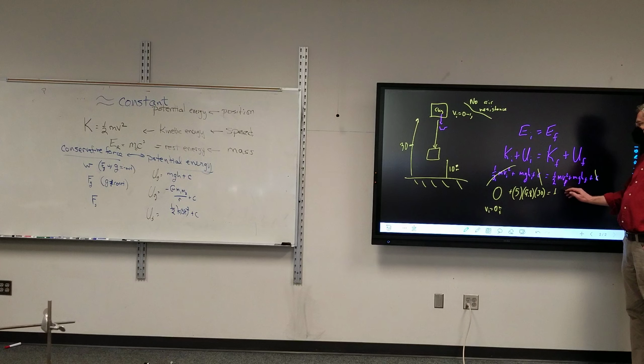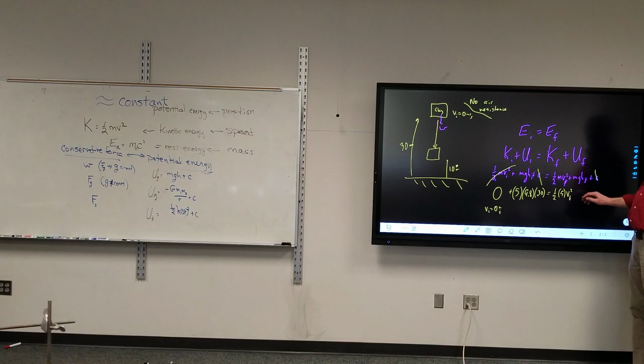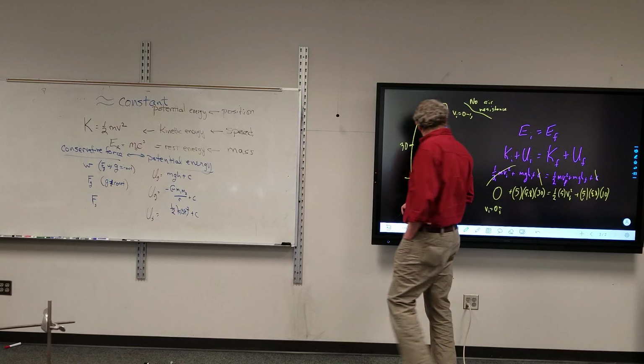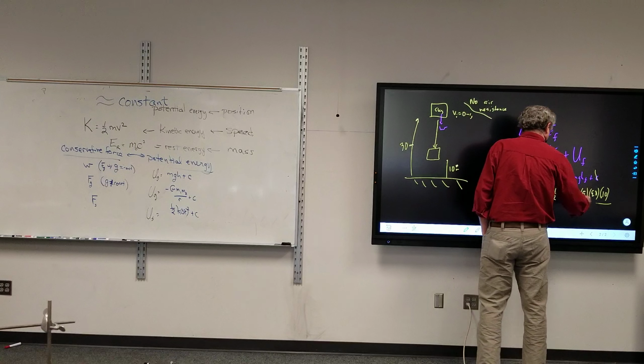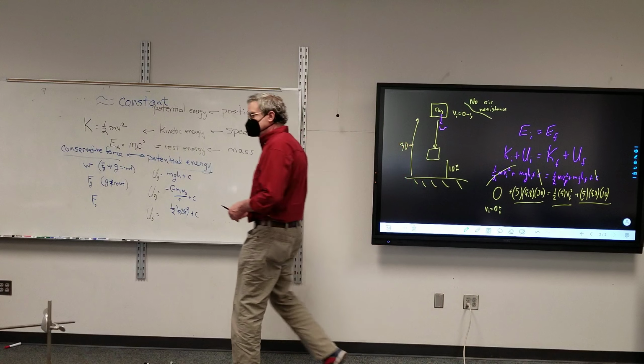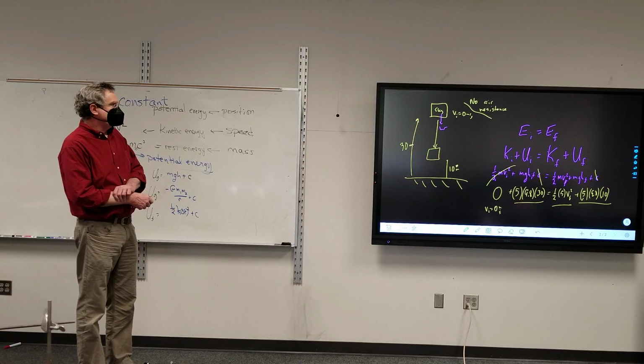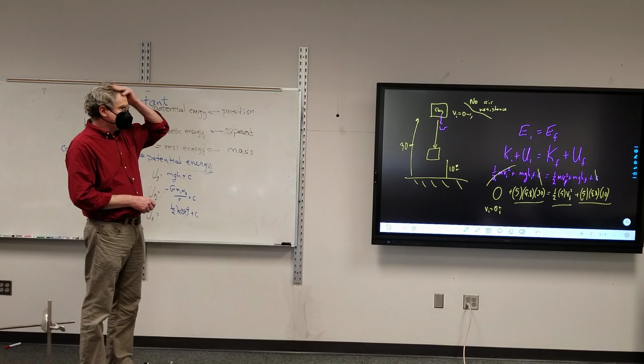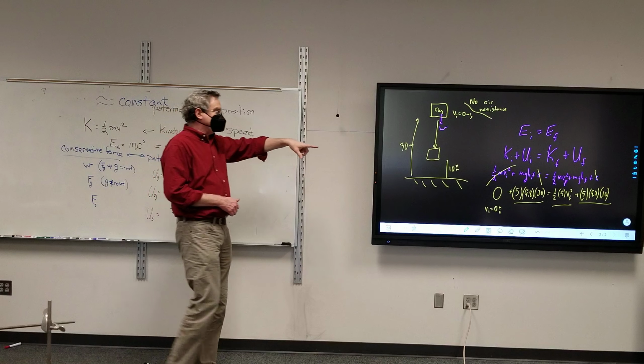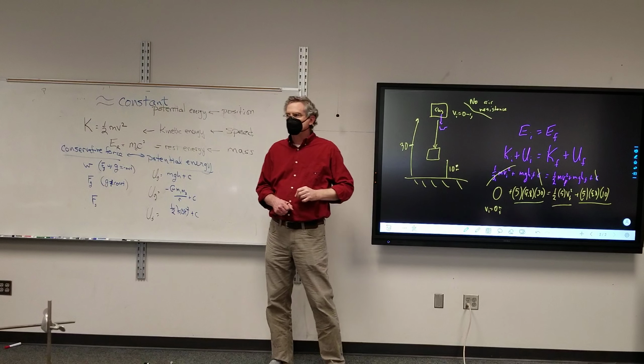So mgh initial equals 1/2 times 5 times v final squared, that's what we're trying to find, vf, plus 5 times 9.8 times, what's my final height? 10. Well, if that's 30, that's definitely 10. Now let's just multiply stuff together. I got 0 plus, I'm not going to write the 0 down anymore because it doesn't change anything, 5 times 9.8 times 30.